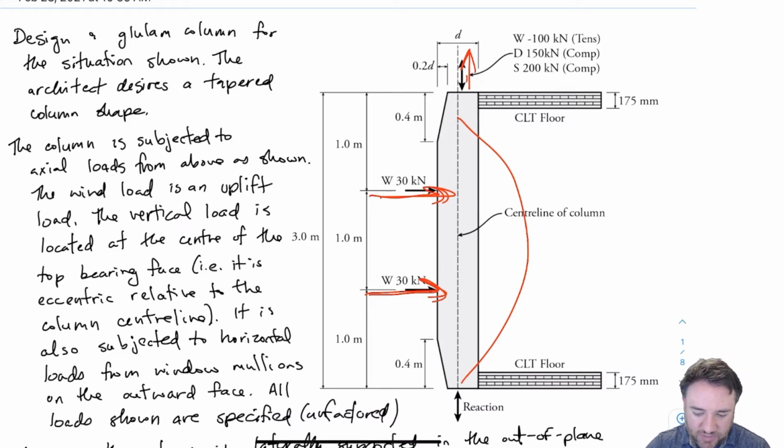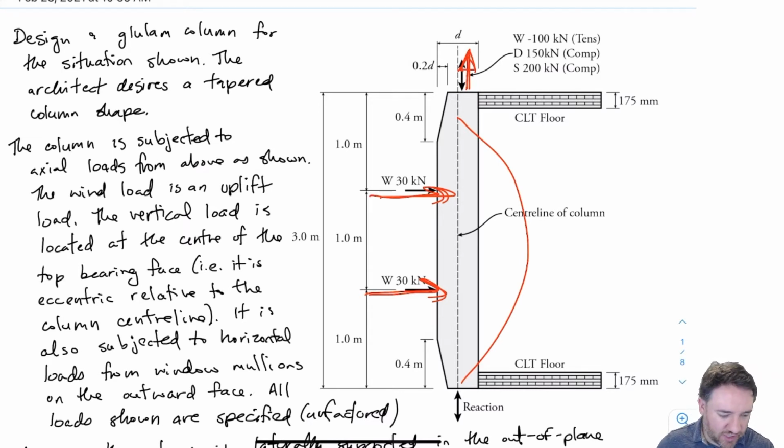But we're going to basically look at the load combination that's going to cause bending in the same direction as this bulk lateral bending caused by the lateral loads. So that's going to be basically the uplift load. So our governing load combination for that is going to be the wind plus the dead. Okay, the dead we're not going to fully get rid of.